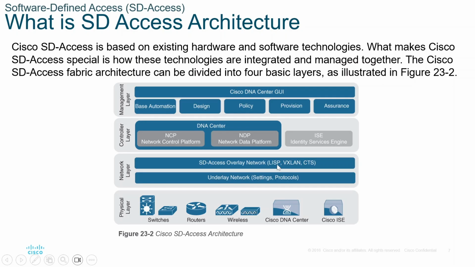LISP is the link internet service protocol. I forgot, it's in my next video actually, but I forgot the word. So LISP, VXLAN, and CTS are the technologies. VXLAN is for the switches, and then the wireless router and everything.